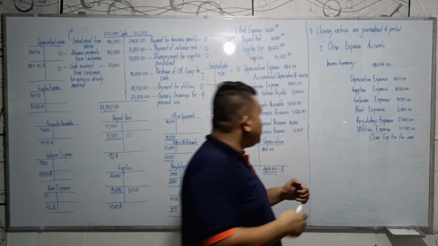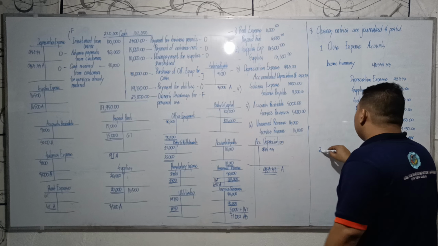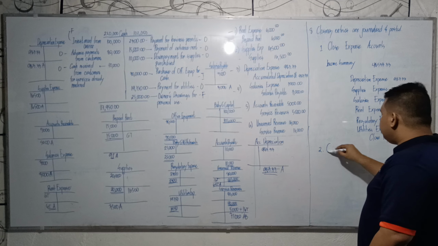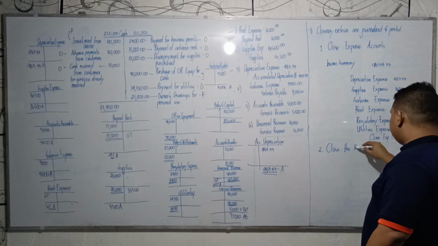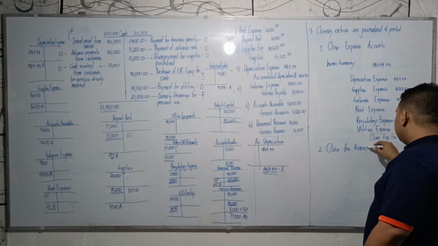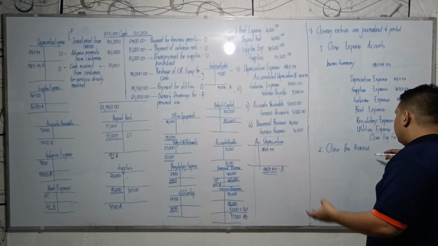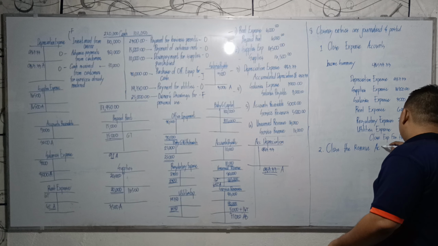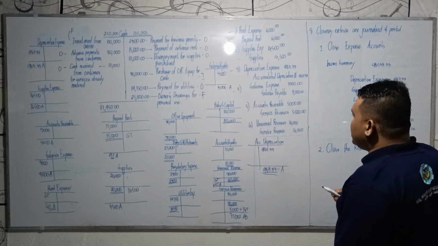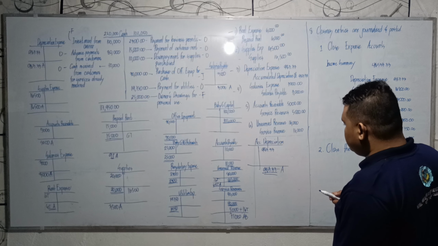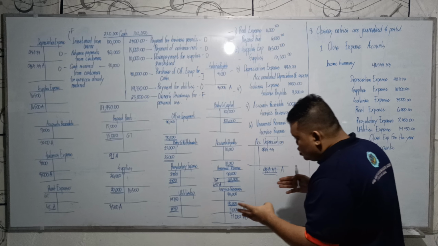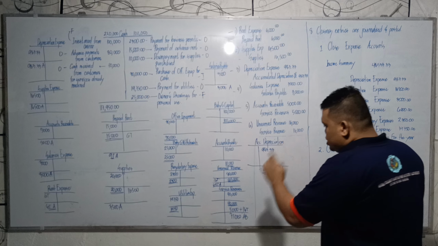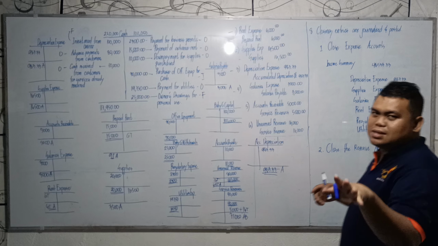Okay? So the second step is we have to close the revenue accounts. Luckily, in this comprehensive problem there is only one type of revenue, so we only have the service revenues. Since it has a credit normal balance, right?